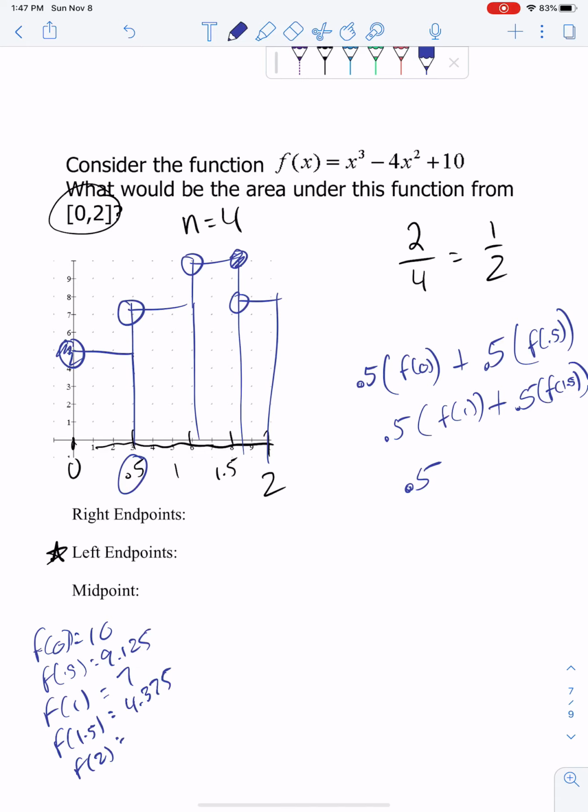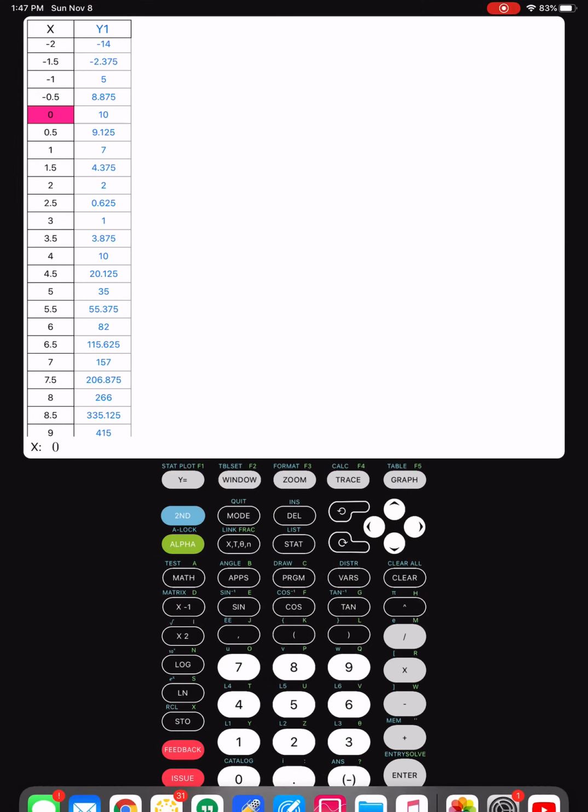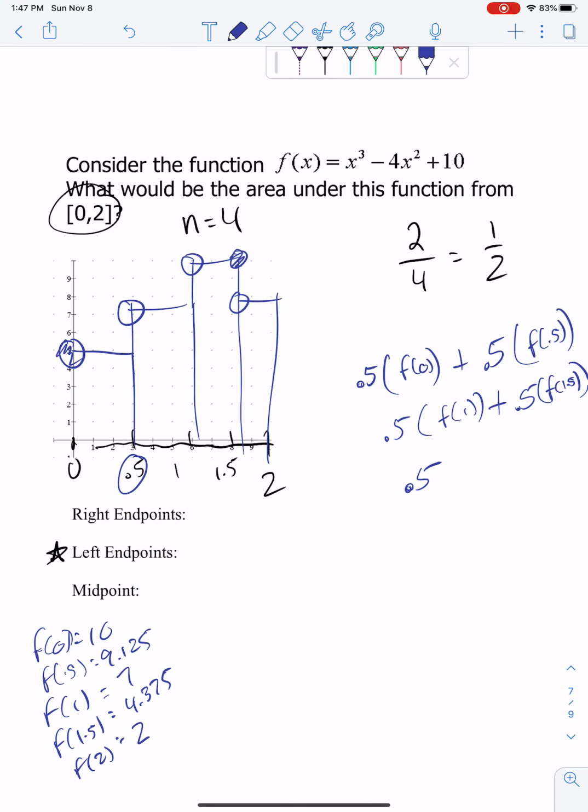And f of 2 was equal to what? f of 2 is equal to 2. Okay, easy enough. So f of 2, the height is 2.